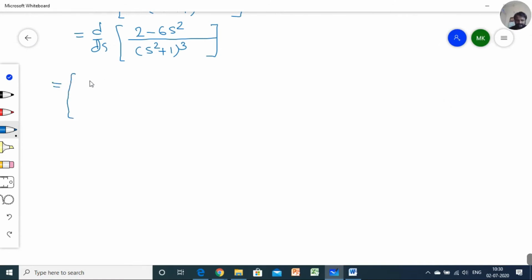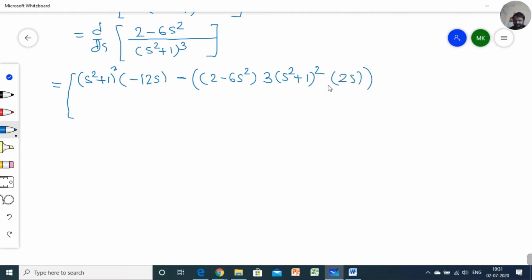So go with that: s square plus 1 into the derivative of this 2, which becomes 0, remaining is minus 12s, minus sign as it is. Put this part as u, 2 minus 6s square as it is, and the derivative of this part is 3 into s square plus 1 raised to, this part is cube, please remember, and this is 2, and the derivative of s square becomes 2s, divided by v square.